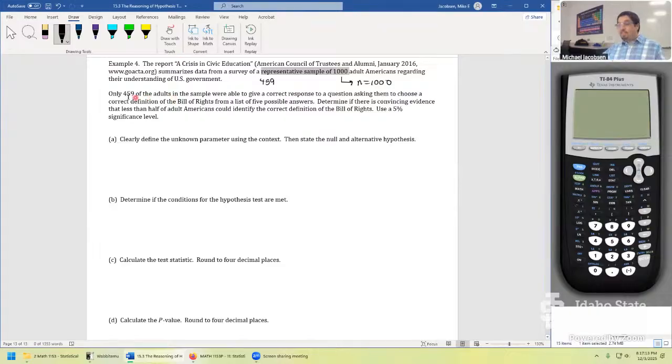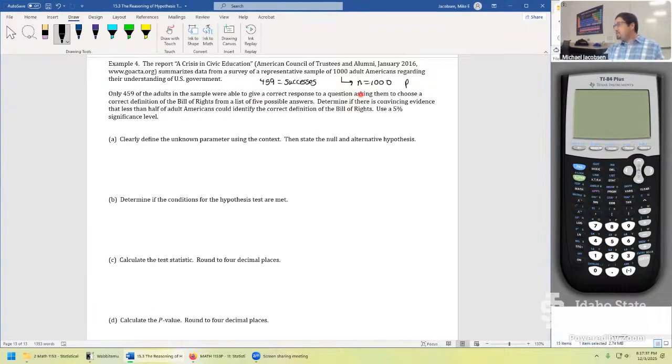So a success is giving a correct answer on a multiple choice question, which is a low level of understanding for a topic when it's multiple choice. There's only 459 successes, less than 50% of the sample. So number of successes is 459, sample size is 1,000.